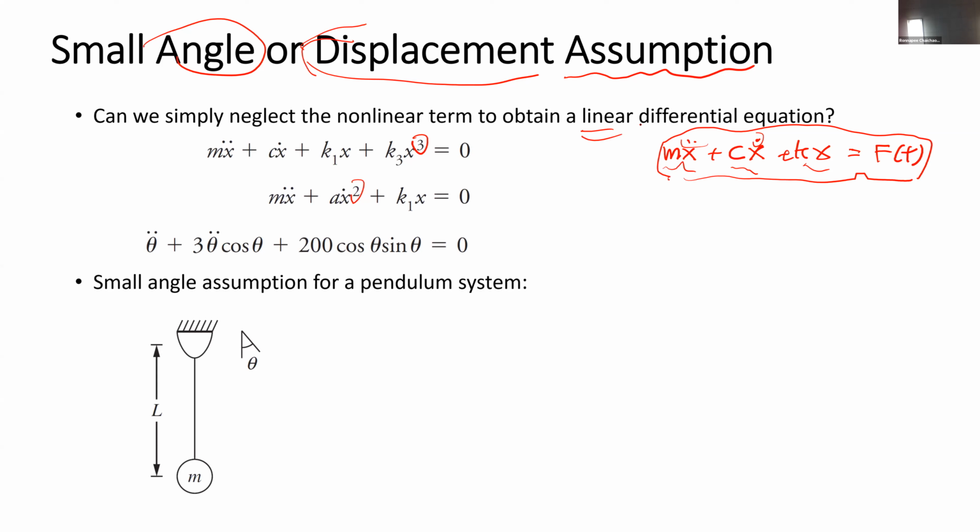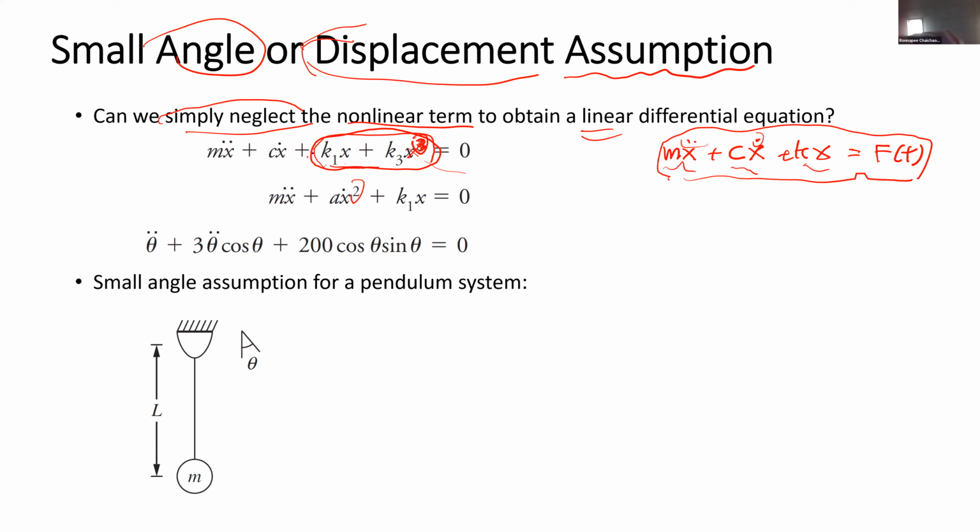But if you still remember the spring from our last class, the previous week, the spring force itself needs to be written in extended polynomial terms. But we just assume that if x is small, the higher power terms, the higher degree terms, can be assumed to be 0. So, can we simply neglect the nonlinear term to obtain a linear differential equation?